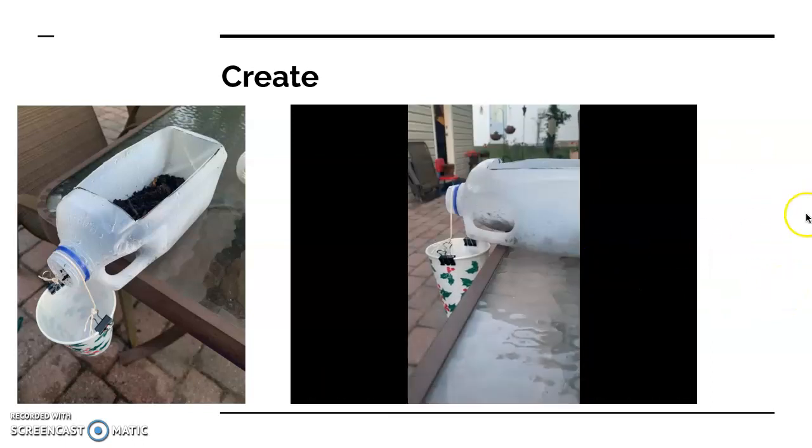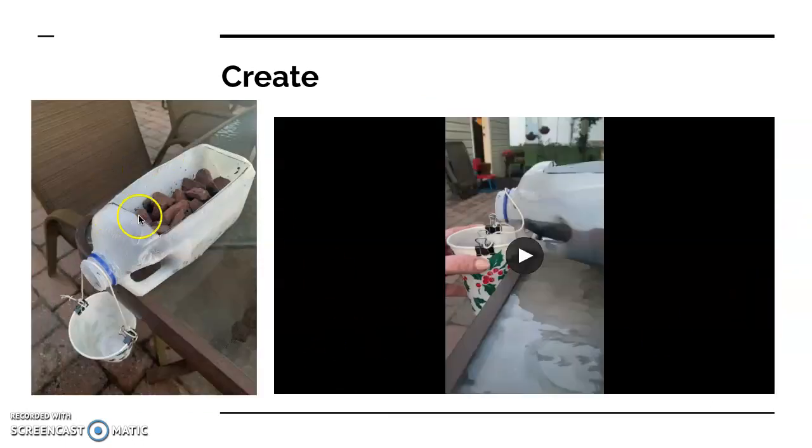The third thing I tried was rocks on top of the soil. For this one, I ended up reusing the first cup that I used because I didn't have any more cups or binder clips and string. But again, I used the same milk bottle. So this time I just emptied all the water out, put new soil, and then rocks on top.